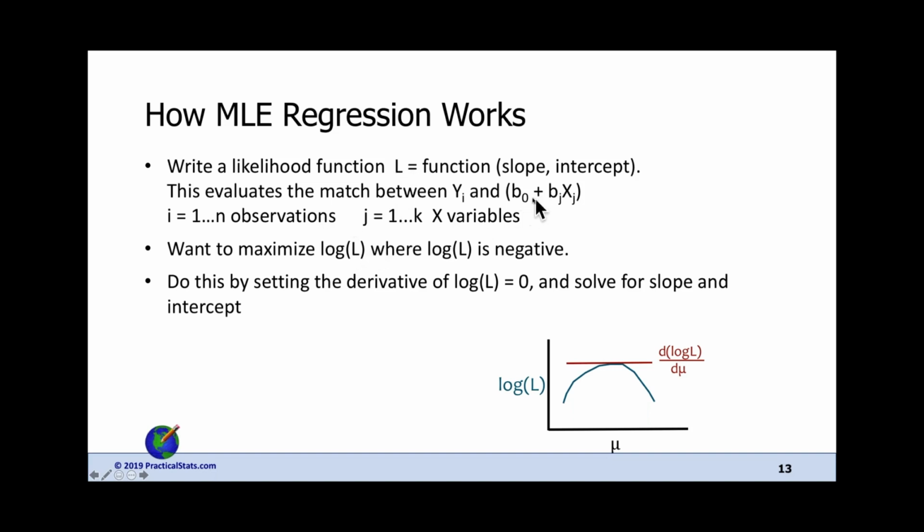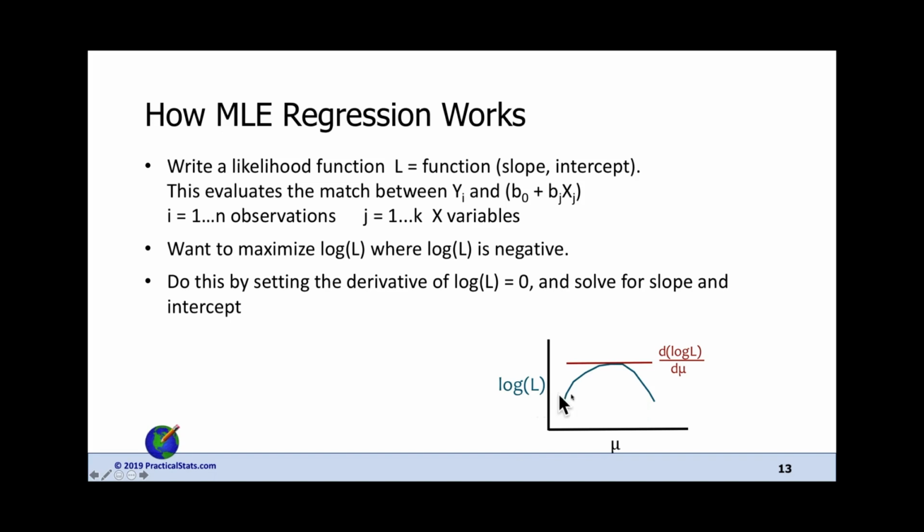And then try to change the intercept and slopes so that we can improve on that. What's actually going to be optimized is the log. This is the natural log, the log of L, and finding its first derivative, which would give you that inflection point. That would be the maximum. So we want to find the maximum.